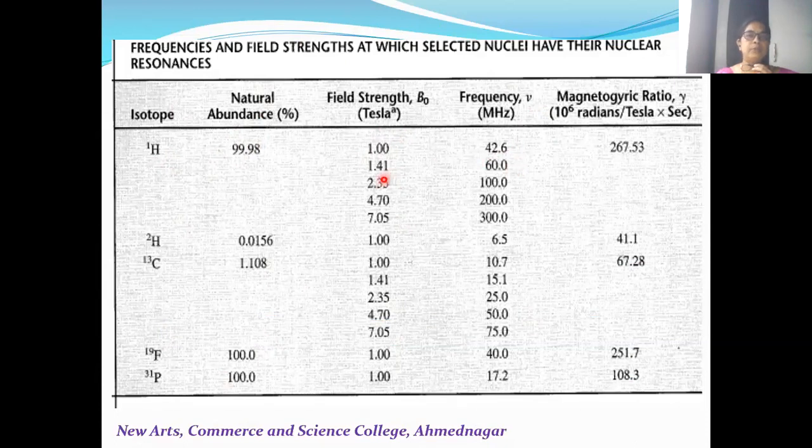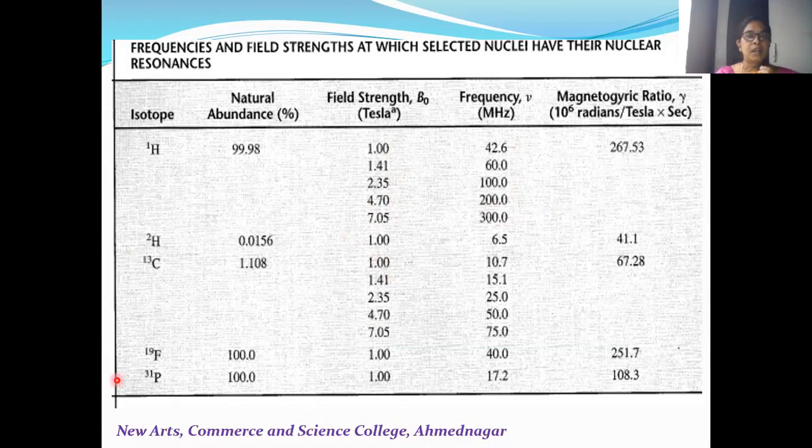If it is 1.41 Tesla, the absorption frequency is 60 megahertz. If the magnetic field strength is 2.35 Tesla, the absorption frequency is 100 megahertz. This means that as you increase the magnetic field strength, the absorption frequency is also increasing. That is, the energy difference between the alpha and beta spin state is increasing.